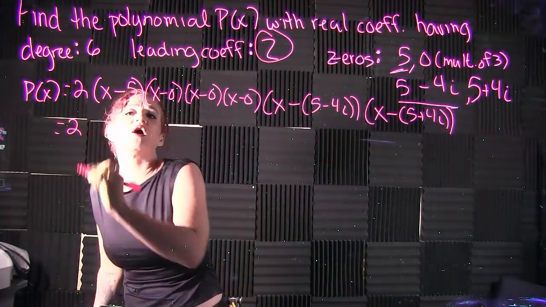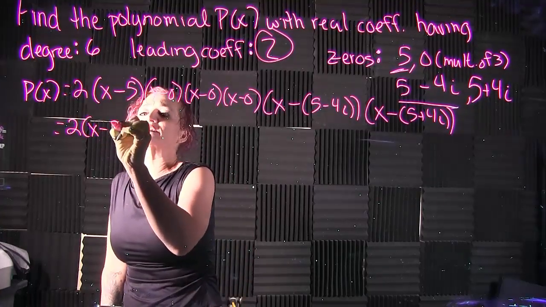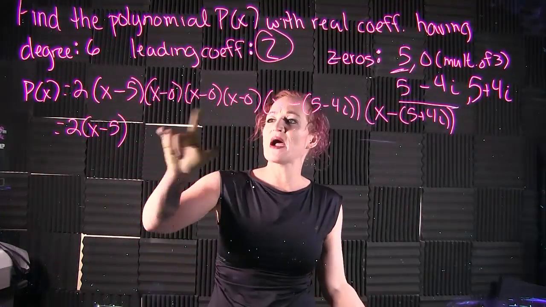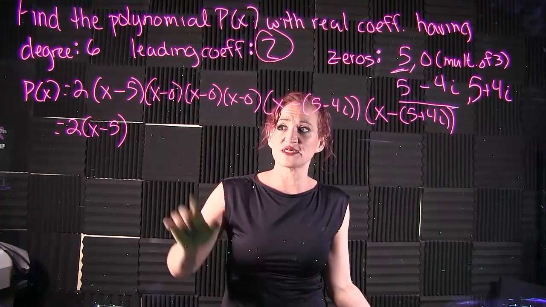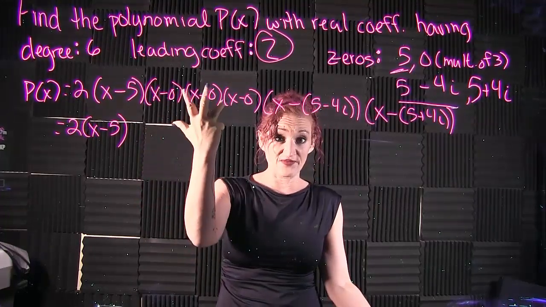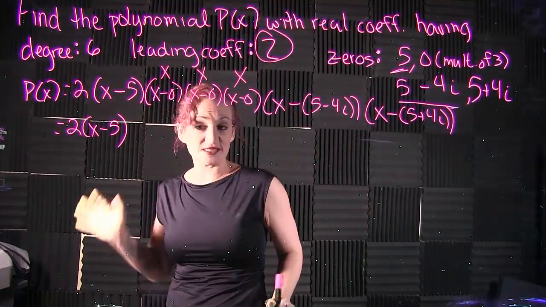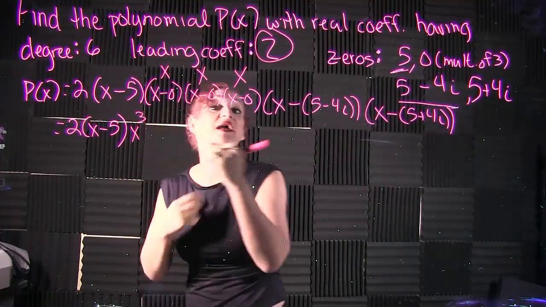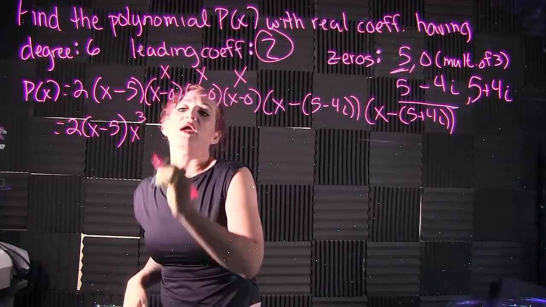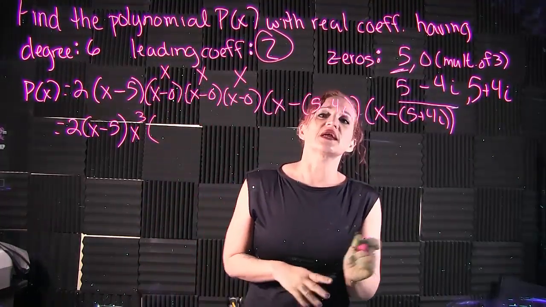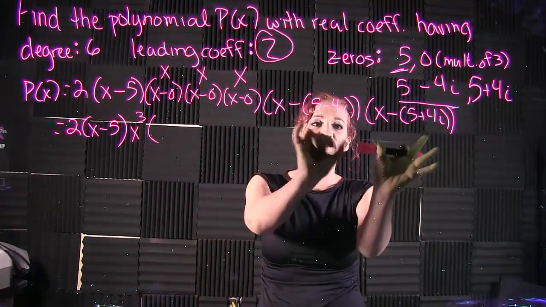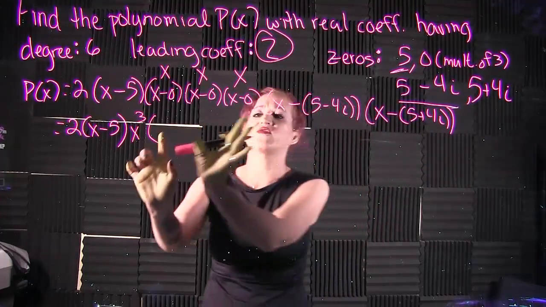Let's drop down the 2 and the x minus 5. Now keep in mind these 3 x minus zeros here. X minus 0 is the same thing as x. So this is just like saying x times x times x, which is an x cubed. Then what I'm going to do next is work on simplifying these two here before I drop them down.